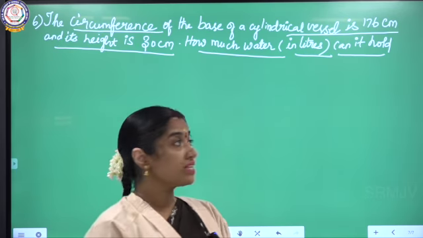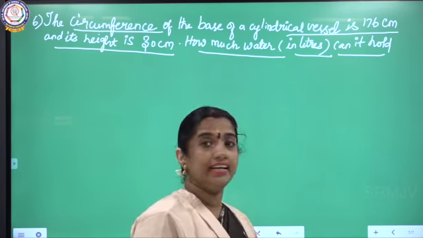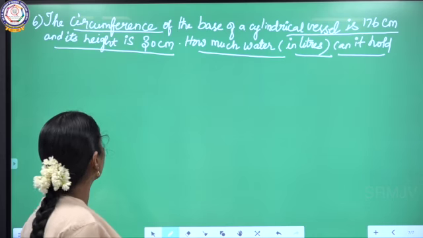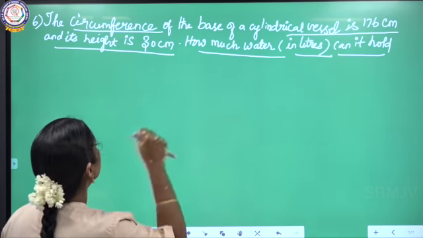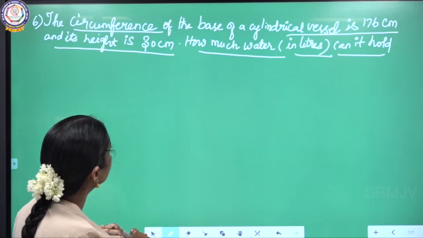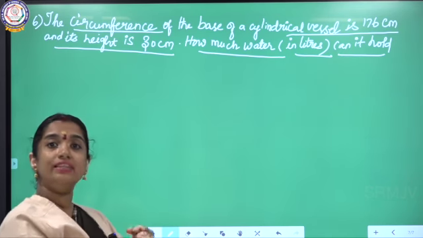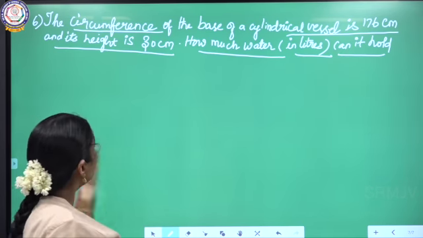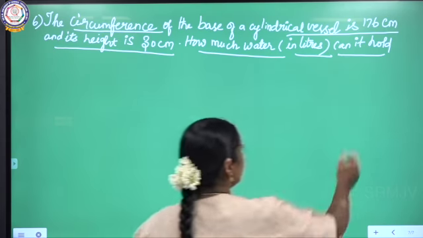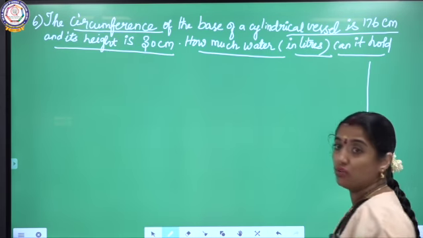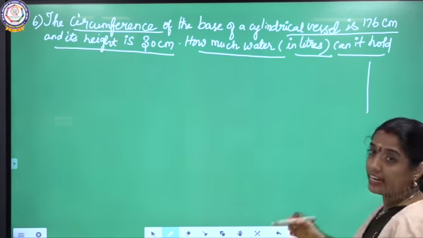Listen, children. Circumference of the cylinder is given, and height is also given. With the circumference of the cylinder, I am going to find out the radius and then I can substitute it with 30 into the volume. So, what are the things I am going to find out? Just listen here, I will do it in the rough column.